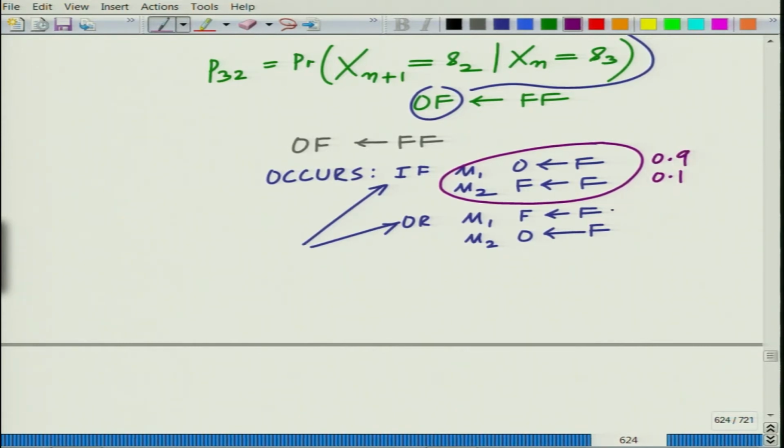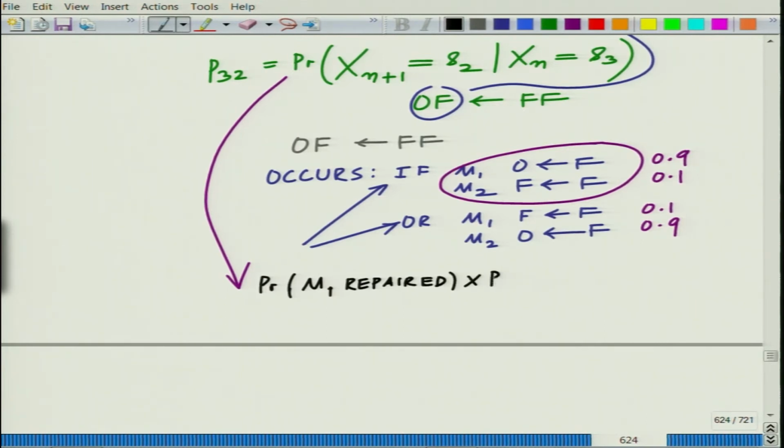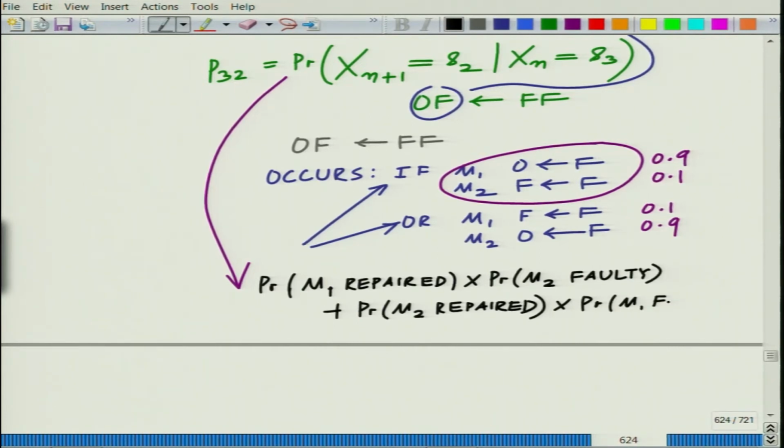Faulty remaining faulty has probability 0.1. So the net transition probability is the probability M1 is repaired times the probability M2 continues to remain faulty, plus the probability M2 is repaired times the probability M1 continues to remain faulty.